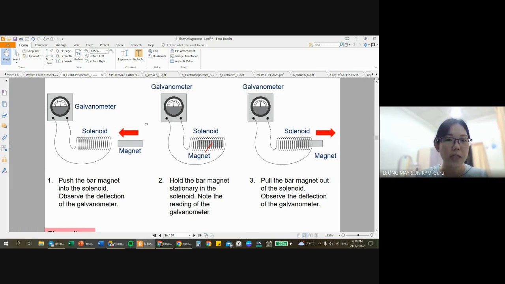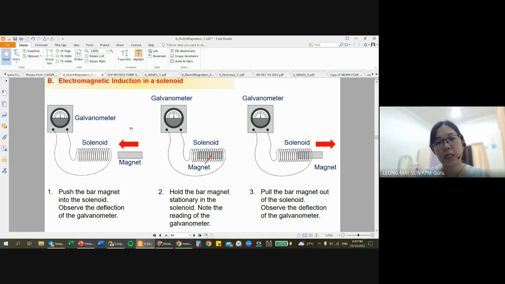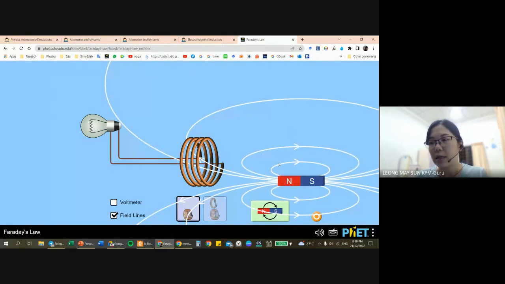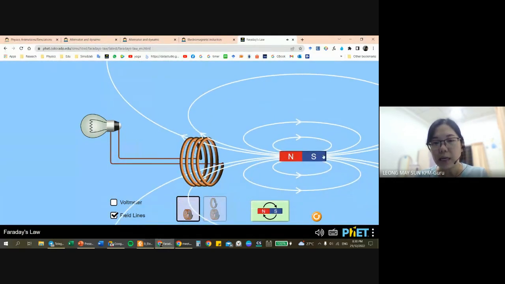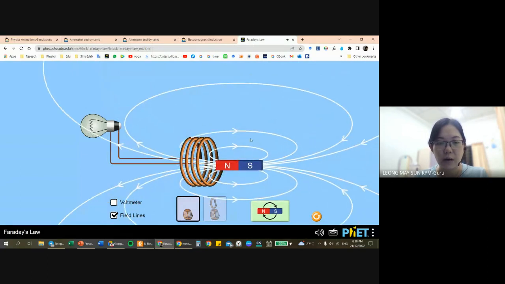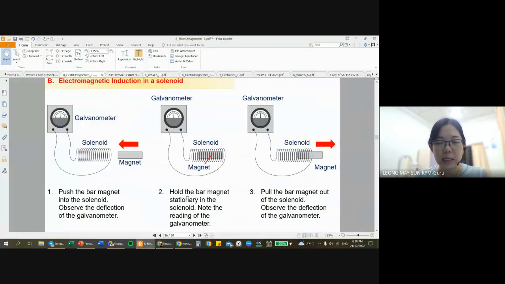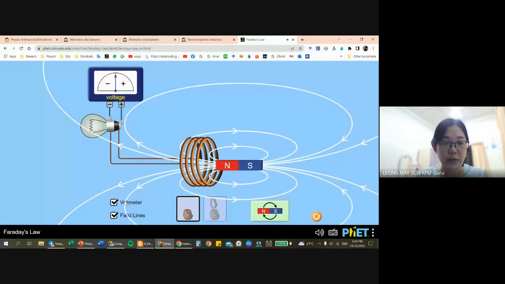All right, so over here, electromagnetic induction in a solenoid, when I take a magnet and I move it through the solenoid, it's actually similar to this simulation. When I move it into the solenoid, what we see is that the galvanometer will deflect, or the current will actually deflect. So let's just say I change it to voltmeter, assuming that's a galvanometer.